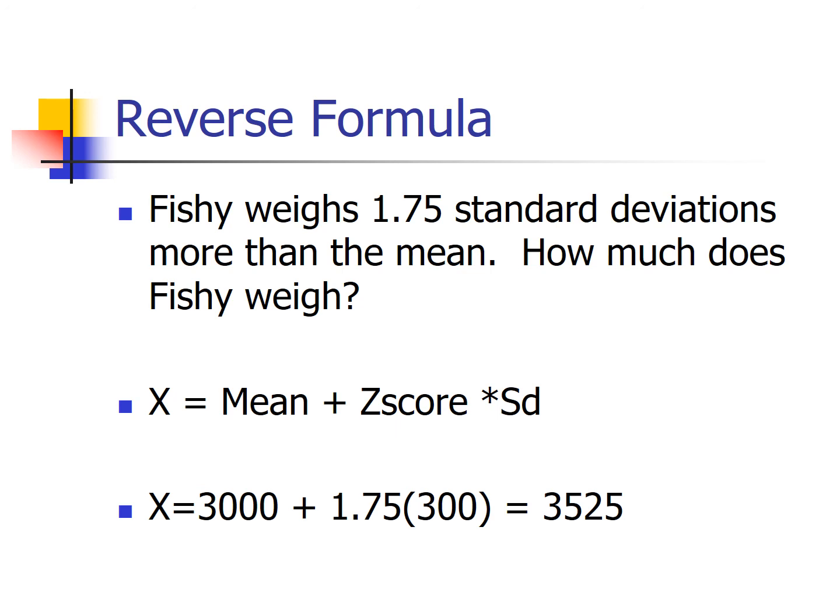Now, you could actually just take that formula that we had a few slides back: z is equal to x minus mu divided by sigma. It's not like you need to necessarily memorize a second formula. If you solve for x, you'll get the second bullet point's formula right there.